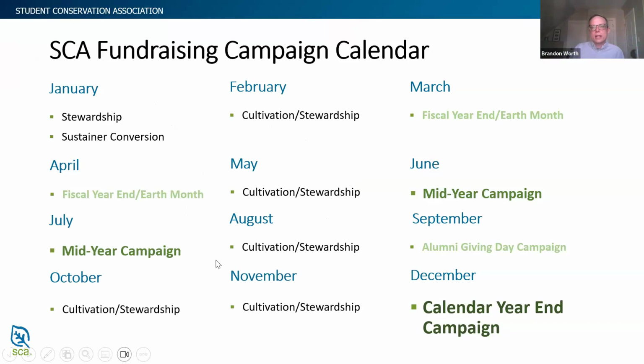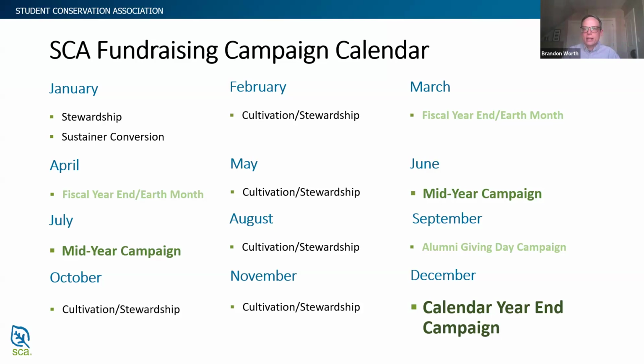All right, so taking a look at a real basic, high level fundraising campaign calendar that we use at the SCA, touching on some of the things I mentioned before. Looking at this overall, at the SCA we basically have 4 main fundraising campaigns throughout the year.